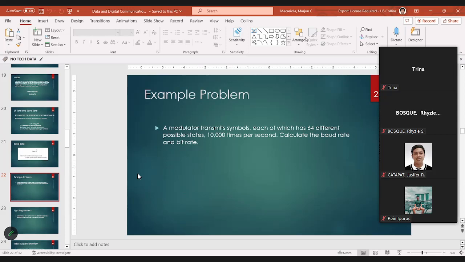You're asked to compute for the baud rate. Baud rate is just equal to 10,000 baud, or in scientific notation, 10 kilobaud.